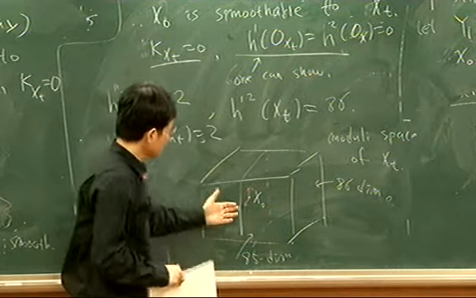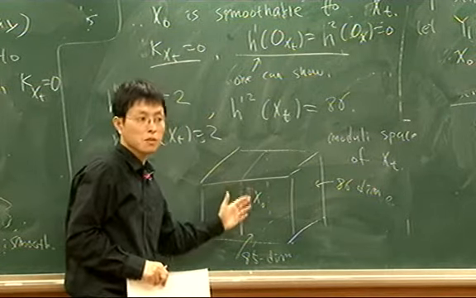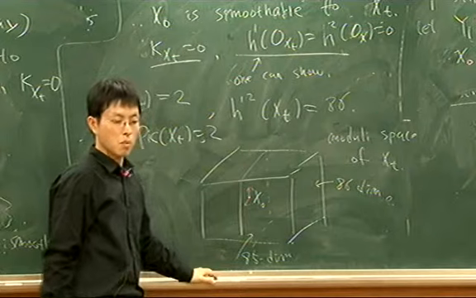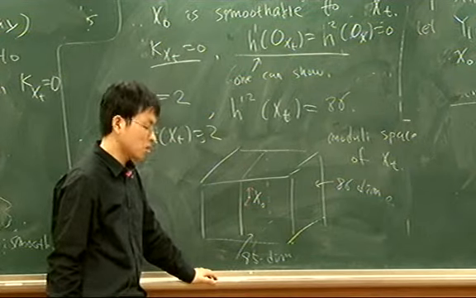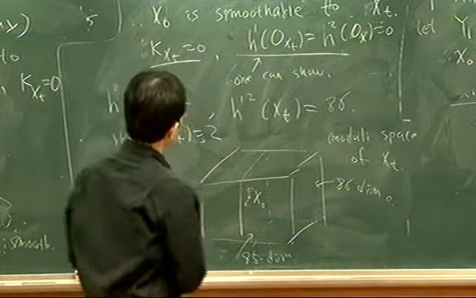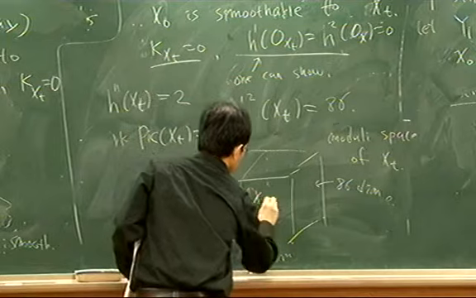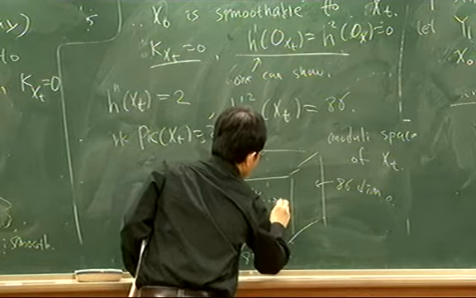But if the point goes away from this hypersurface, then that point corresponds to a smooth Calabi-Yau threefold. The situation is exactly like this, like Xt.